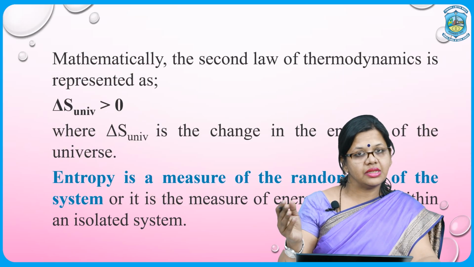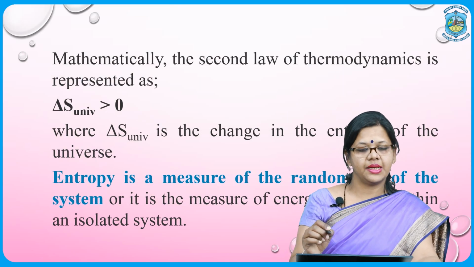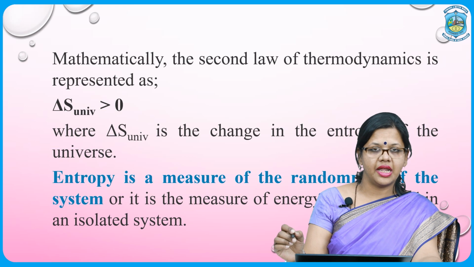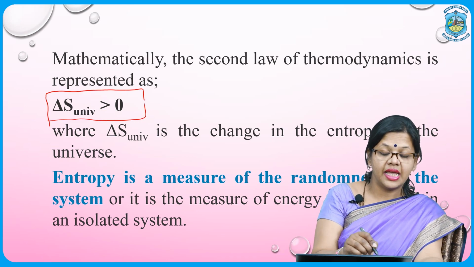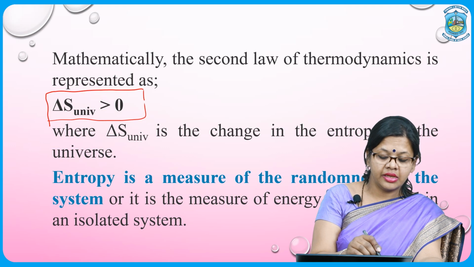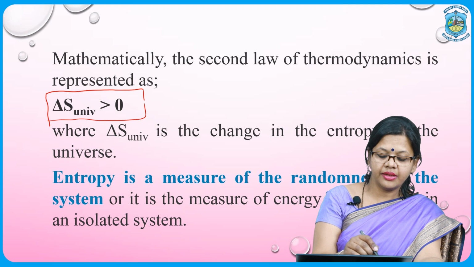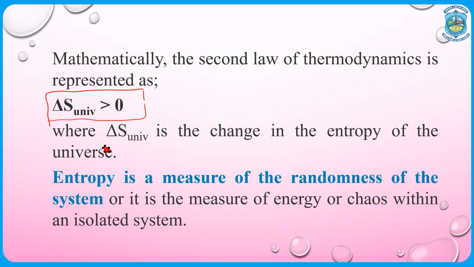So, the mathematical statement of the second law of thermodynamics represents that the change in entropy of the universe is never equal to 0. It will always be more than 0, where delta S represents the change in entropy of the universe. We have been talking about the term entropy, and I have already told you what it is.